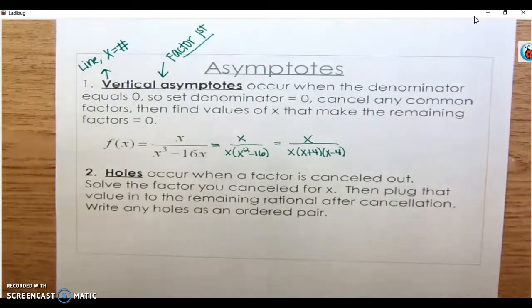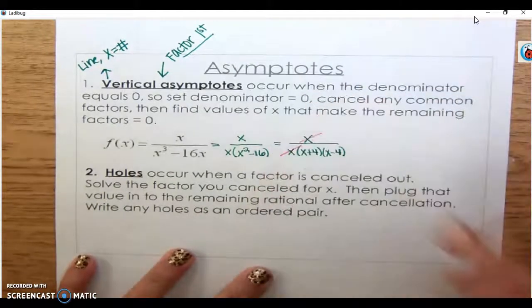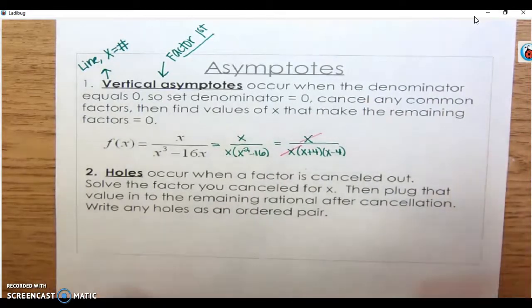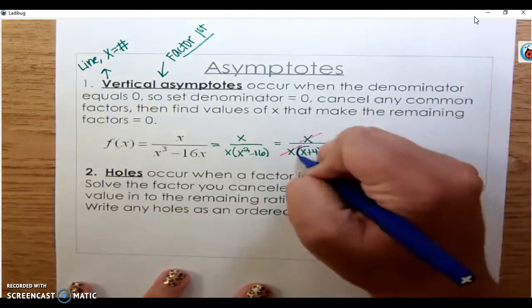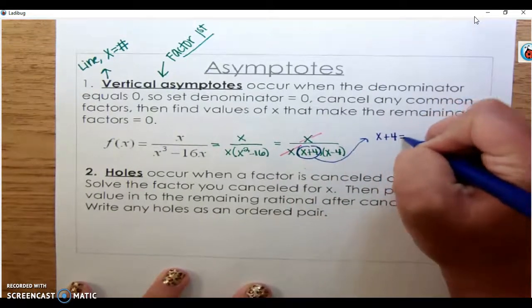So if there's something you can cancel out, you're going to cancel. It has this x in the numerator and denominator, so we're going to cancel that. Once you have canceled, to get the vertical asymptotes, you take whatever factors are left in the denominator and set those equal to 0. So we're going to set this x plus 4 equal to 0.